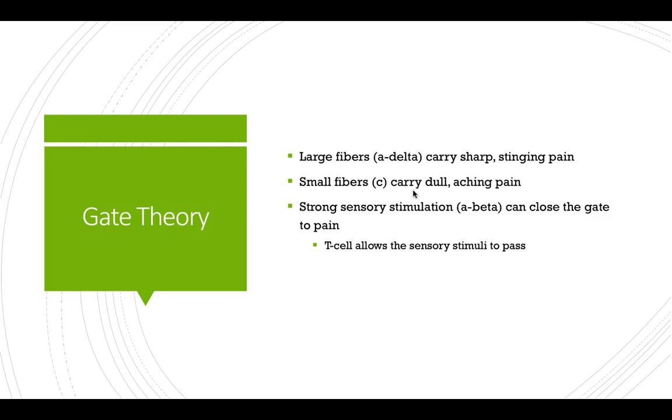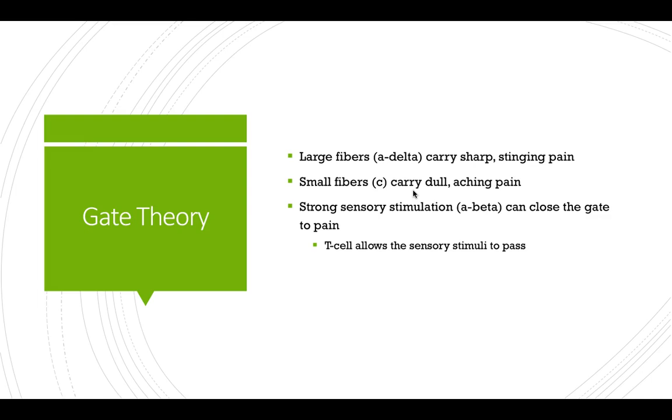What gate theory says is that if we stimulate those A beta fibers more frequently and in conjunction, the signal will be able to beat the A deltas and Cs because it's a larger, faster nerve and it can send the signal quicker, and also can just be more powerful.